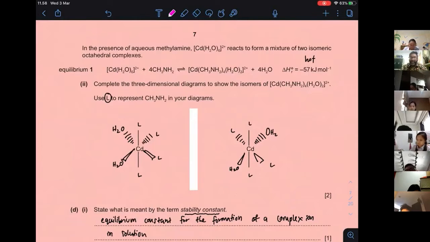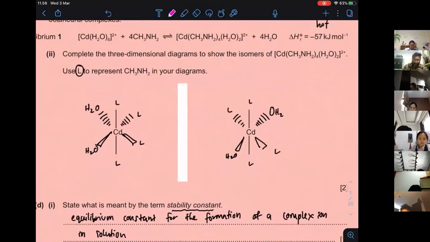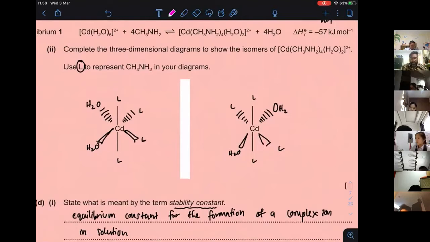It's a monodentate, so each one is going to be one L. The only thing that can exist here is cis and trans. One is going to be side by side, another one is going to be opposite. So you can just draw side by side, and another one opposite.